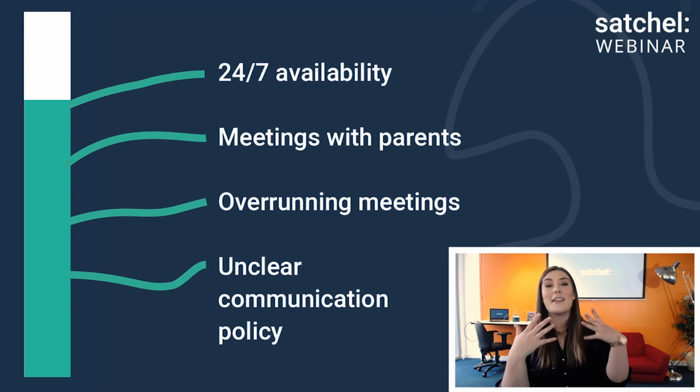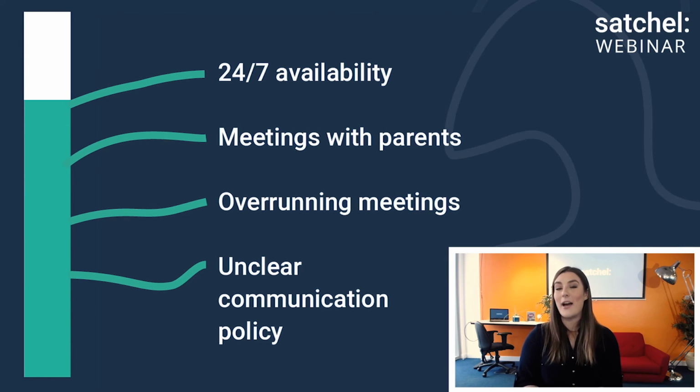So, how does ineffective communication negatively impact on teacher workload? First of all, constant communication. With 24/7 access to emails, teacher workload has suffered and they are now unable to switch off from work. Constant access to communication can be damaging to teachers' mental health.